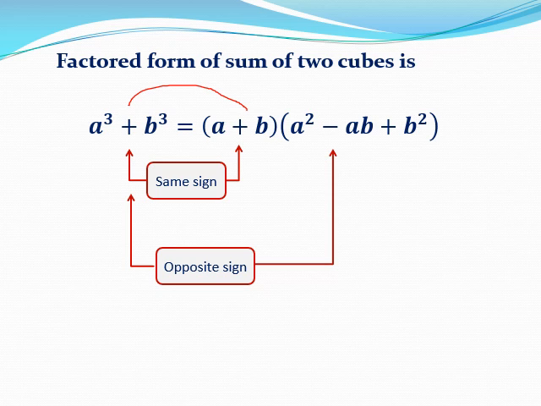And in the second factor, here is always a minus sign. So these signs are always opposite to each other. And the third sign, that is plus, is always positive. You can remember this pattern: both signs are positive, but this sign and this sign are always opposite to each other, and this sign is always positive.